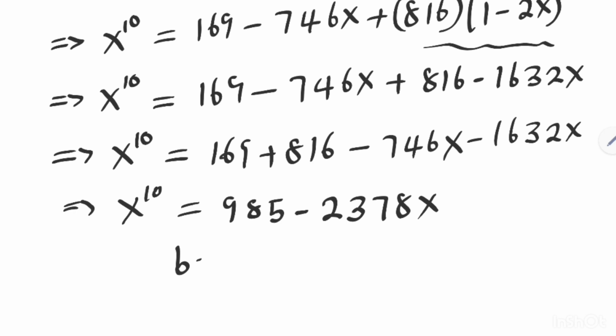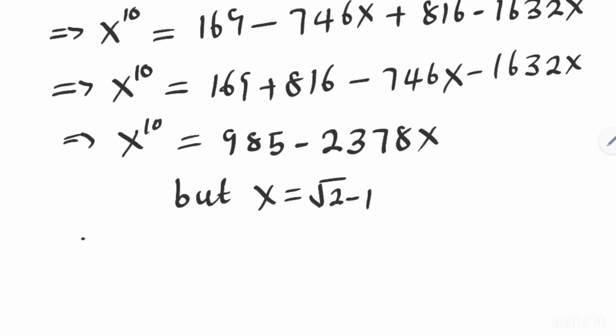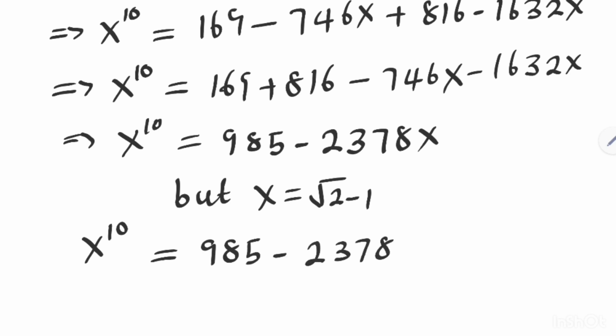But x is equal to square root of 2 minus 1. We have x raised to power 10 is equal to 985 minus 2378 bracket root 2 minus 1.